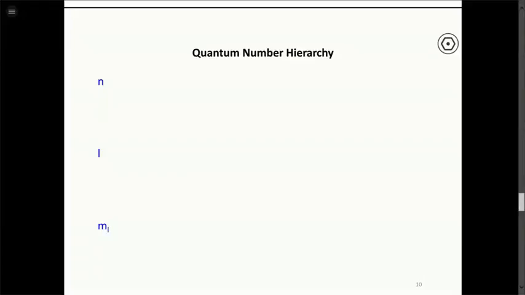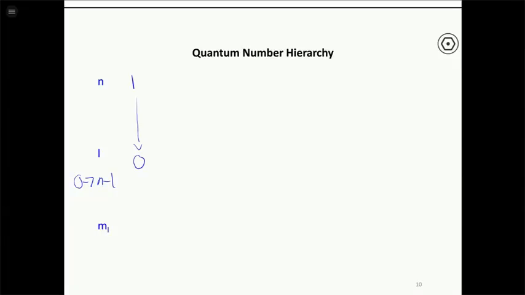So if n equals 1, that's the smallest value of n. And then the value of L has to be from 0 to n minus 1. So that means for n equals 1, the only allowed value of L is 0. Okay, because 0 is the smallest value of L, and then n minus 1, which would be also 0, is the highest value of L. So when n equals 1, the only allowed value of L is 0.